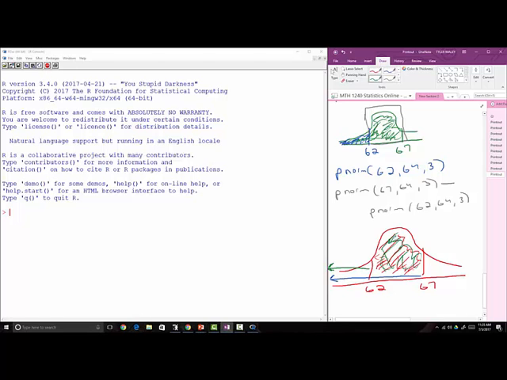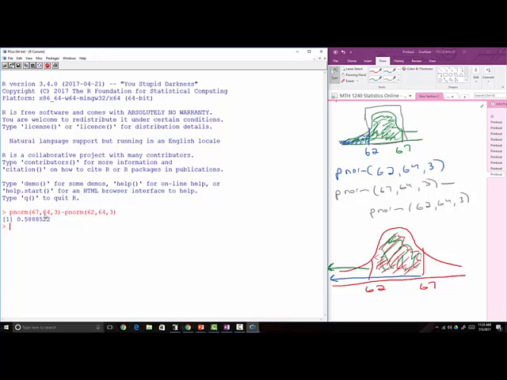right? So to do this in R, you would type in pnorm 67, sorry, 67, 64, 3, and then subtract off pnorm 62, 64, 3, right?